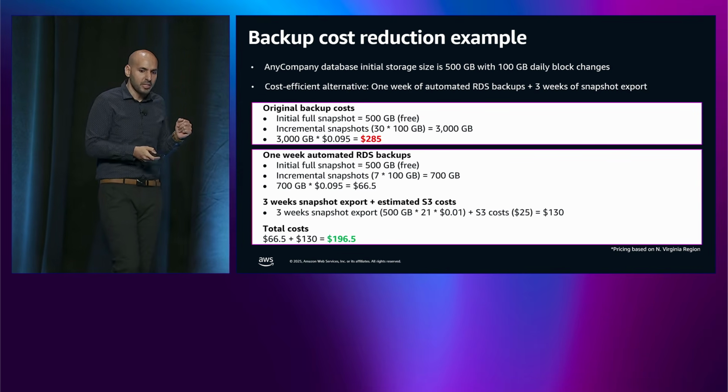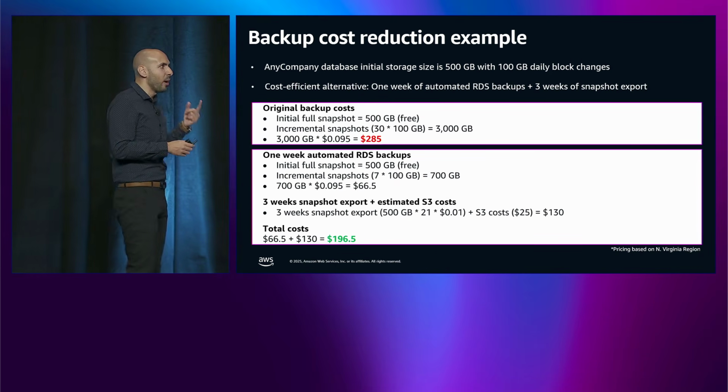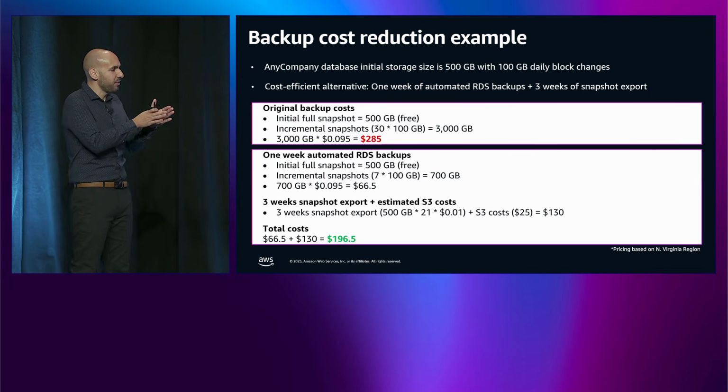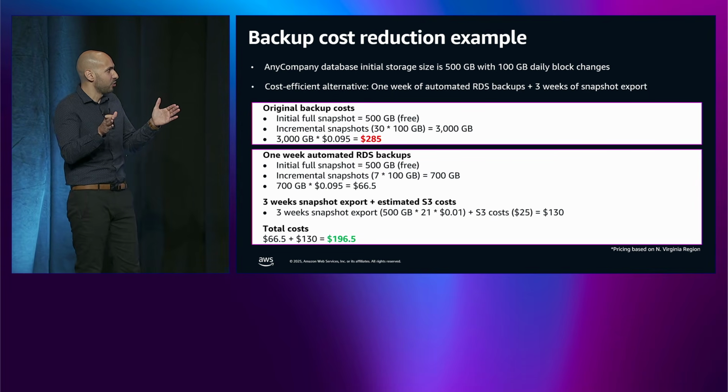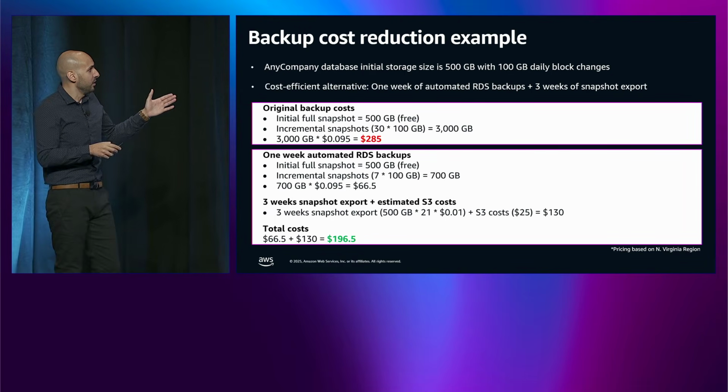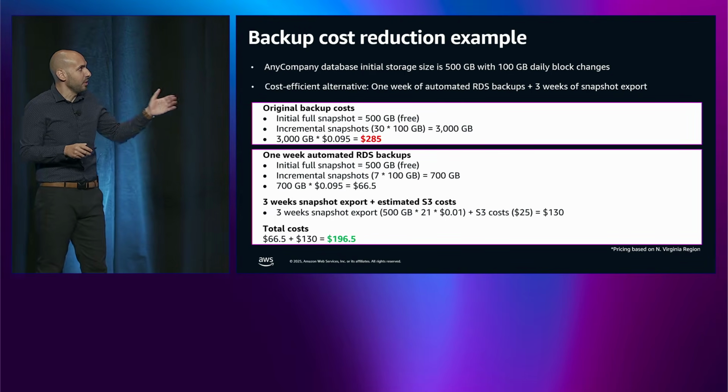Now, if we want to go to the other approach where we store only 1 week of data with automated backups, and any older data being stored using Apache Parquet snapshot export, then the total cost can be reduced dramatically.